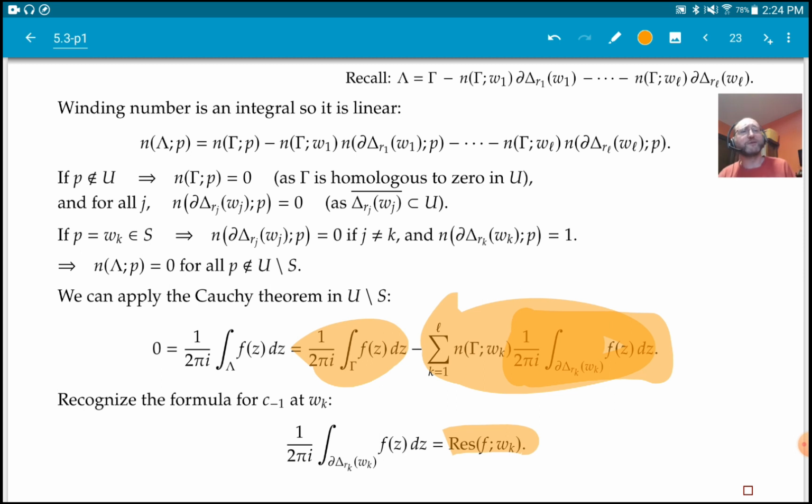The whole point is that you can use this if you can figure out the residues in some other, simpler way. Then you can use this to compute integrals. All right, so that's all next time. So I'll see you then.